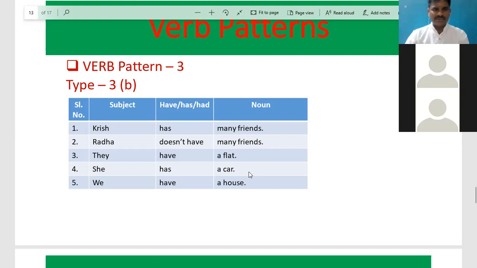Subject plus have, has, had plus noun. She has a cup of tea. He has a cup of tea. That is right. Say some possession.